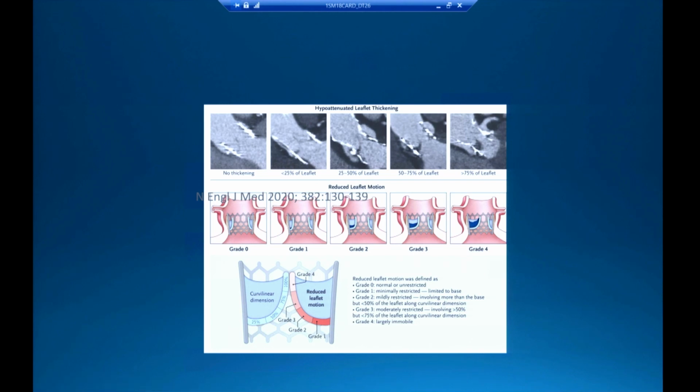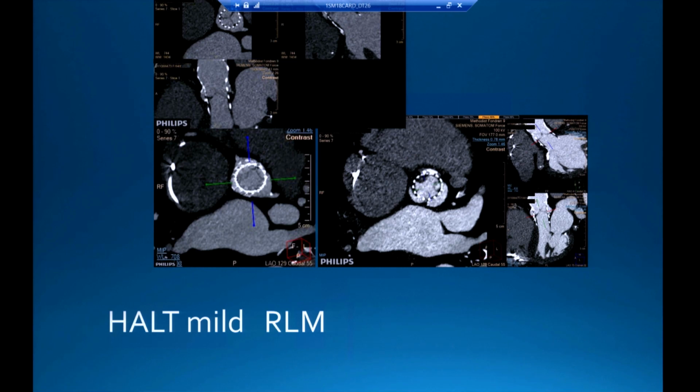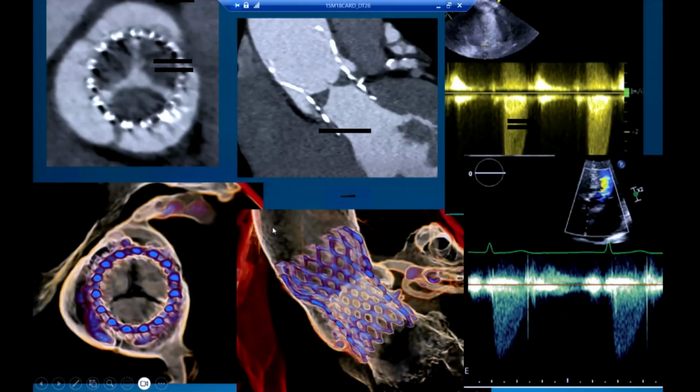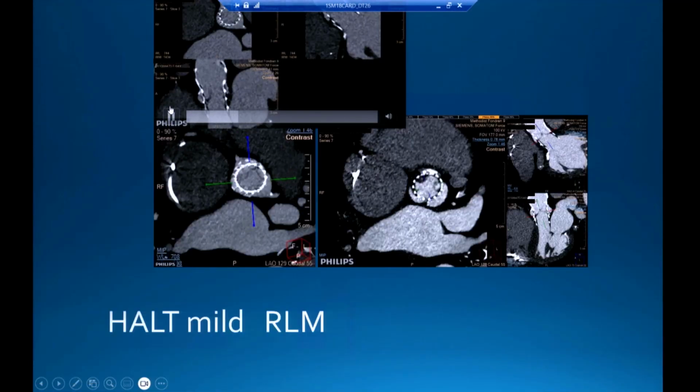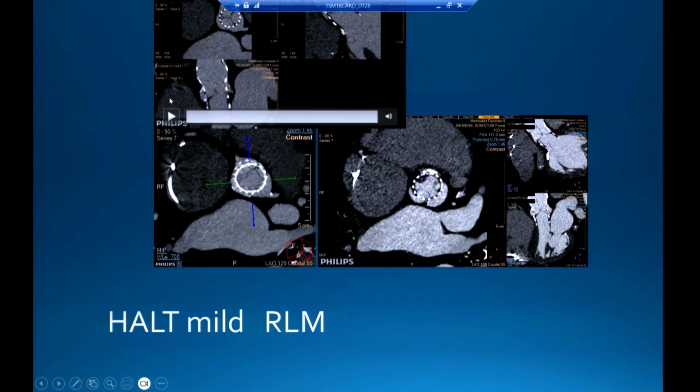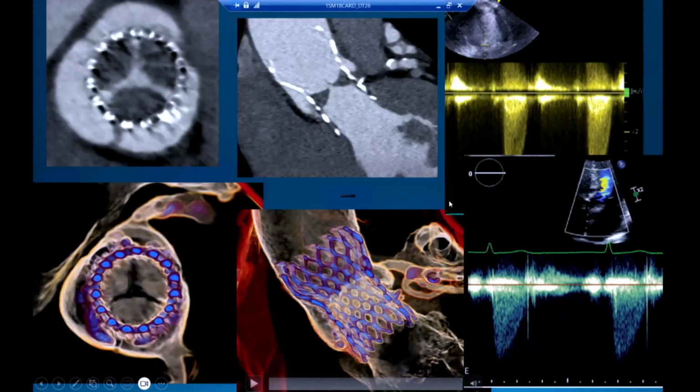Depending on how thick it is, we categorize different degrees. So this is just a different grade of thickening, and in addition to the thickness, you also have to look at the leaflet motion. You can see right here, it doesn't open quite as well. And the worst case, this is an extreme case.